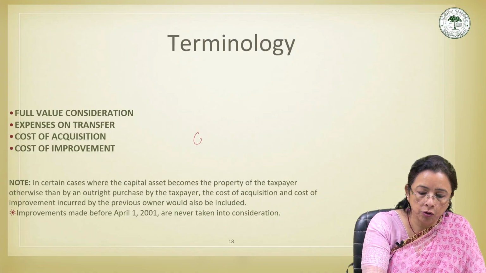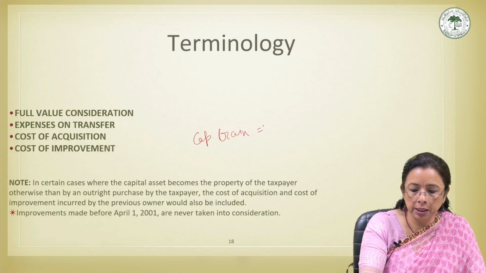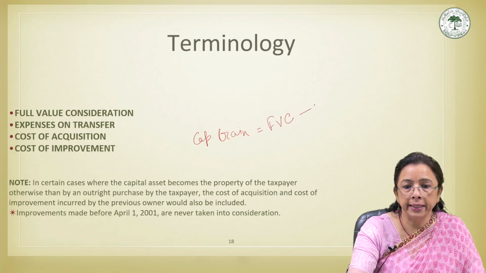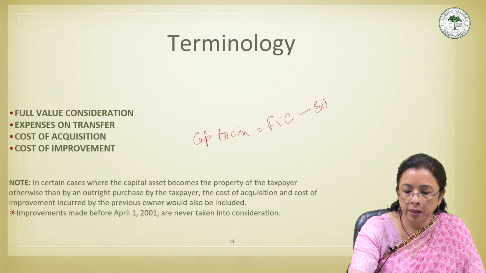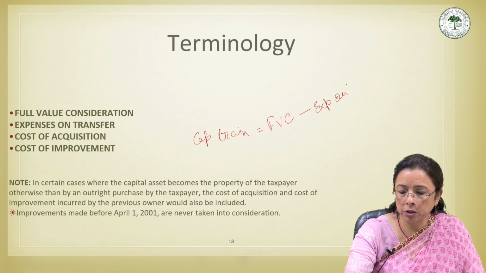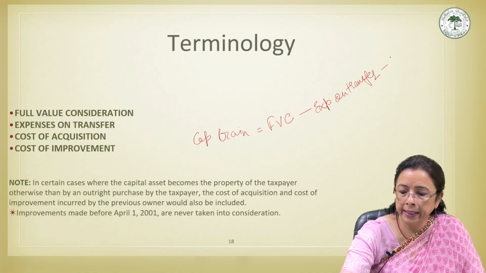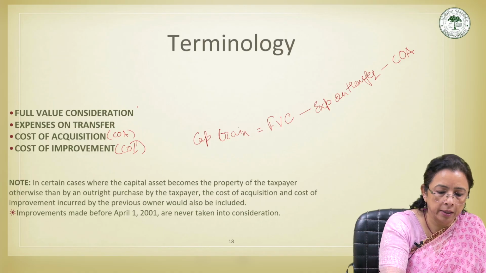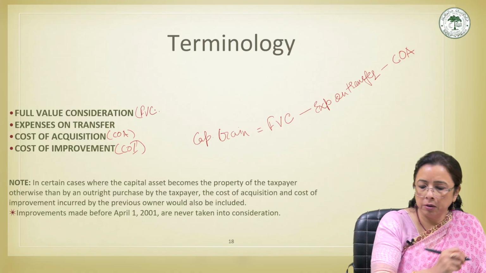So capital gain is equal to full value of consideration minus expenses on transfer minus cost of acquisition, because here we use all these short forms: COA, COI and FVC. Okay.